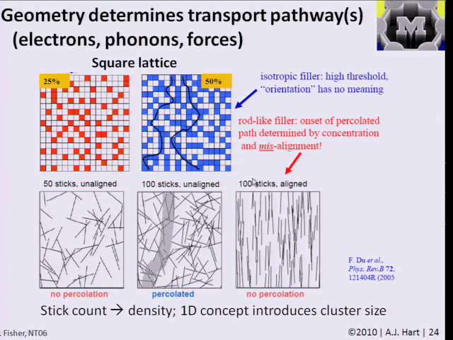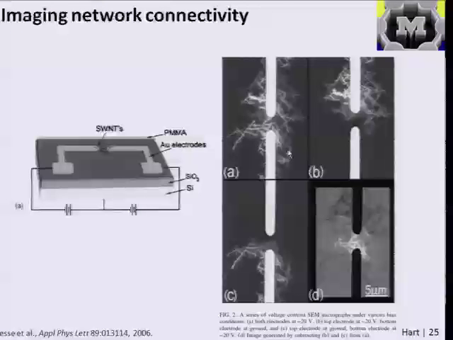And even though we have alignment in this case, there is no percolation. There is no continuous path of the structures through the matrix. And a difference between this model clearly and, say, real nanotubes is real nanotubes are going to be perhaps more flexible and curvy, and that would make the situation more complex. But these kinds of basic geometric models were what were first used to understand this kind of percolation behavior.